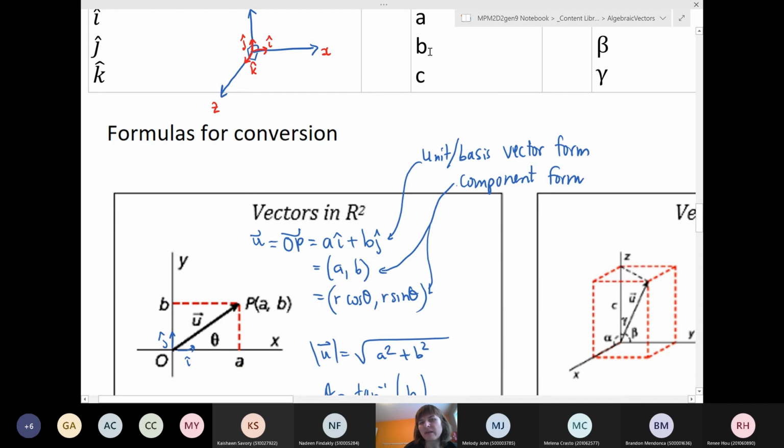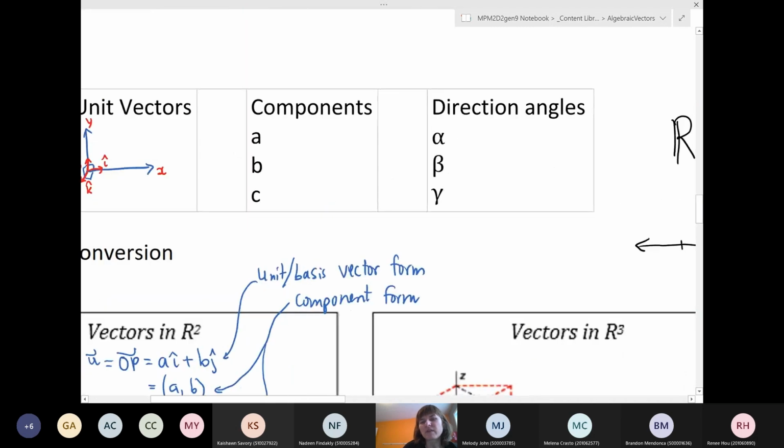So we'll use ABC, the beginning of the alphabet, for the component constant numbers. And then we're going to use Greek letters, alpha, beta, gamma, for direction angles. I'll talk about that one when we do 3D, so don't worry about it right now, okay?